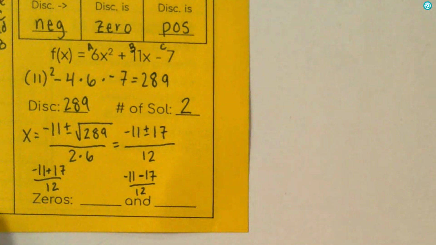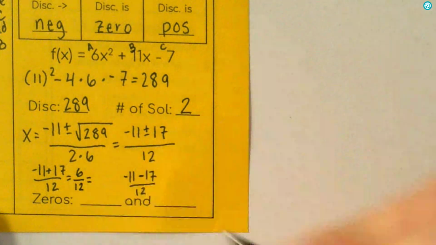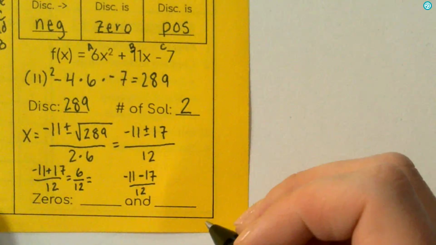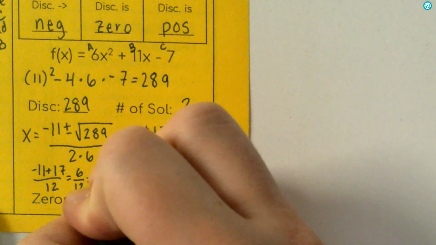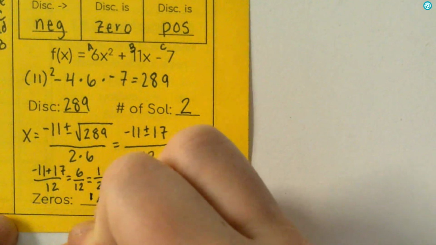So I end up for this one with 6 over 12. What fraction is 6 over 12 the same as? 1/2. 6 is half of 12. So we can divide the top and bottom both by 6. And we get 1/2 as one of our answers.